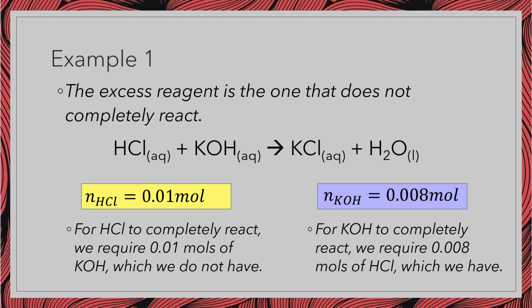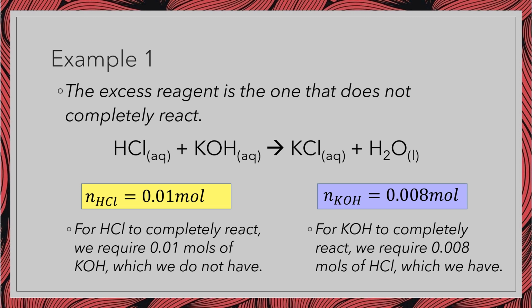Our excess reagent is the one that doesn't completely react. We can tell this by the number of moles that are there and our stoichiometric ratios. If we think about it logically, for hydrochloric acid to completely react, we require 0.01 moles of potassium hydroxide.